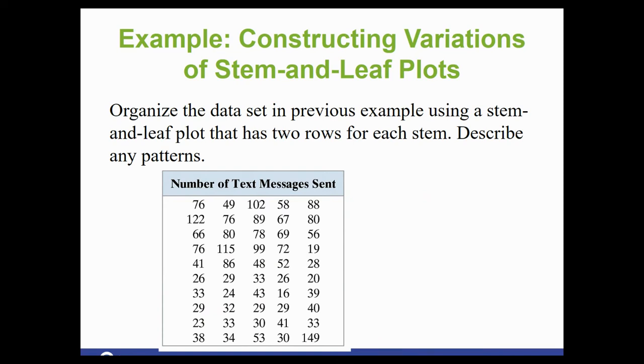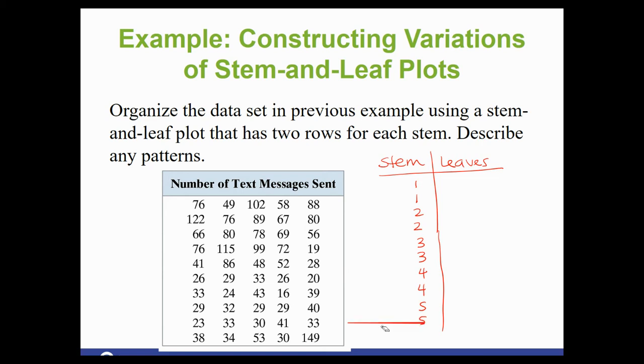Now, the other thing that might come up is to split your stems. So instead of just having one row for each one of those tens places, you could split them. What that means, especially when you have a lot of leaves in one row, is you could have 2 stems of 1, 2 stems of 2, 2 stems of 3, and so forth.